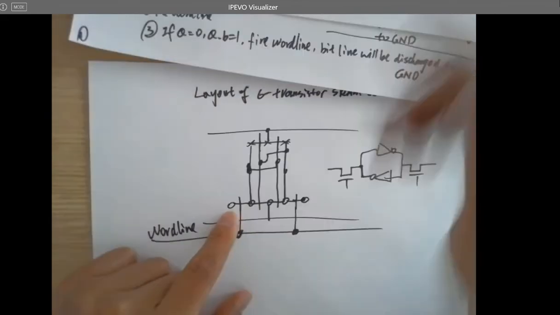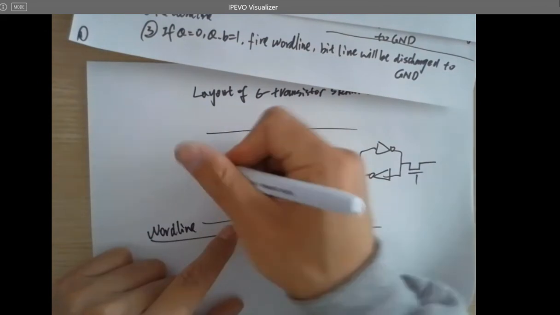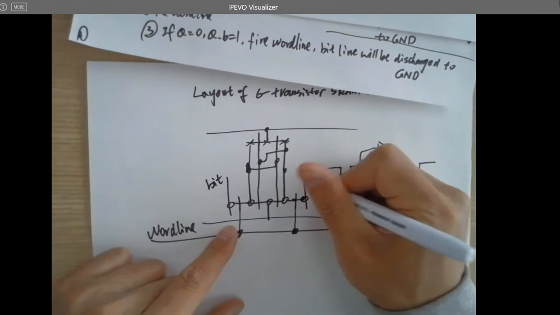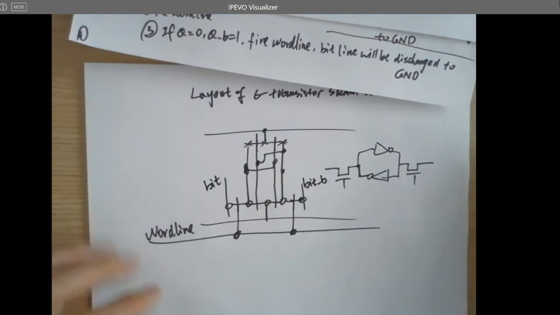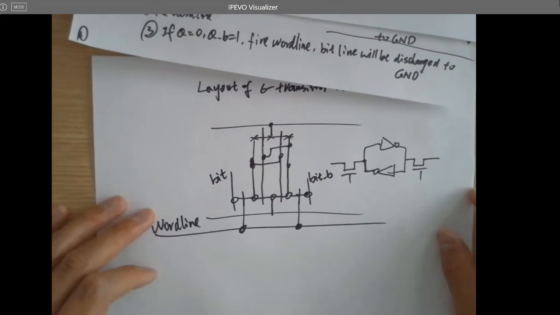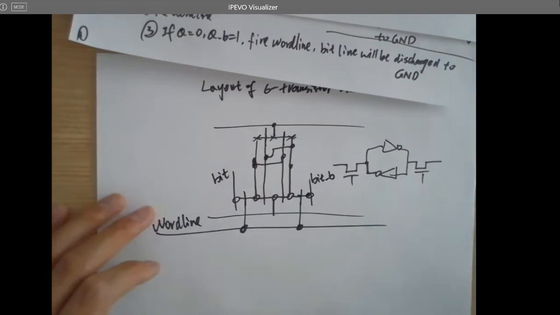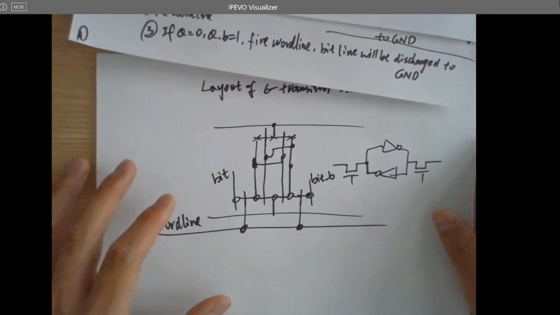Yeah, the bit lines. Done. You just want to make it as compact as possible, since you are going to repeat this for millions of times, right?